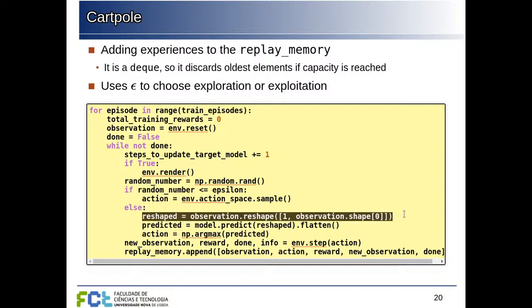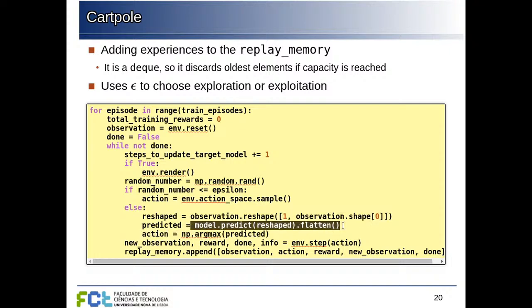So we take the observation, the state that we have here. We create a batch with this single state. We use the predict method to predict the Q values for each action at this state. And now we take the action that corresponds to the maximum of those Q values.